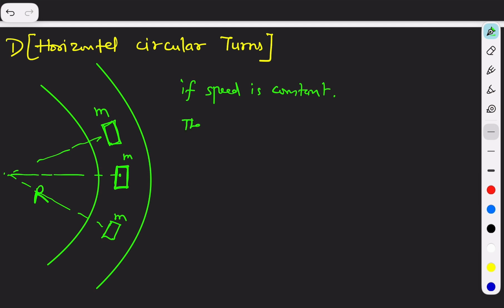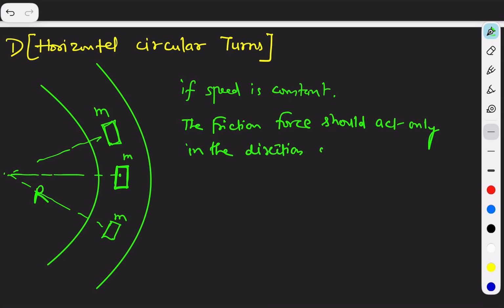In that case, the friction force should act only in the inward direction, towards the center.